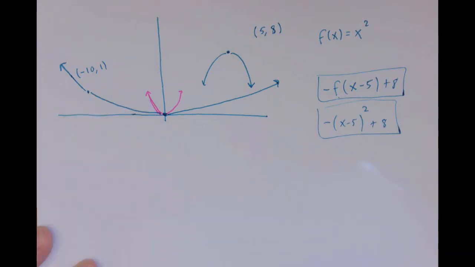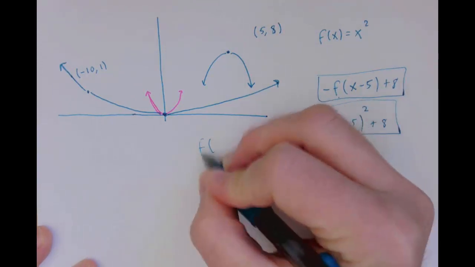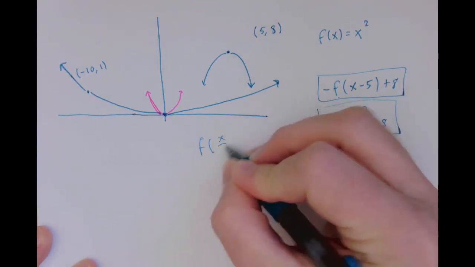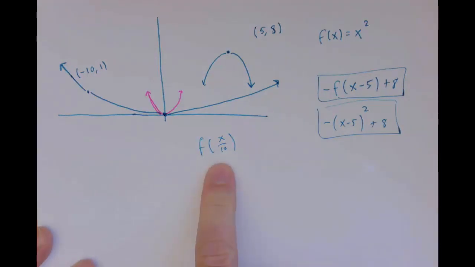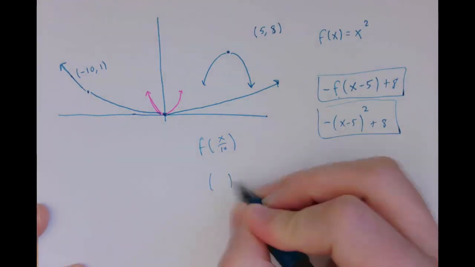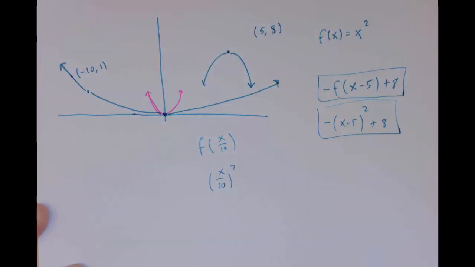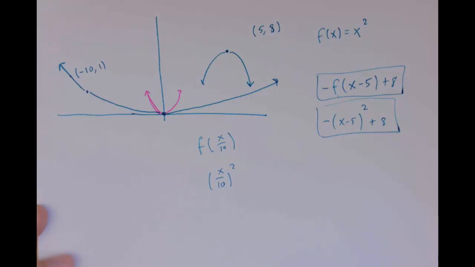I want to horizontally stretch it in this direction. So in the language of functions, instead of x, we would have x divided by 10, because that corresponds to a horizontal expansion. Instead of x squared, we could have x divided by 10, squared. And these both are saying the same thing. And again, you should feel comfortable working in both systems.